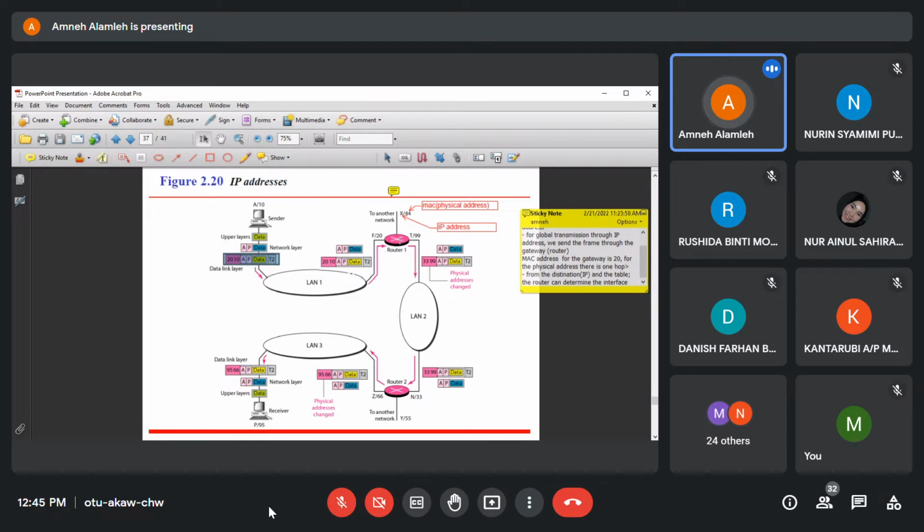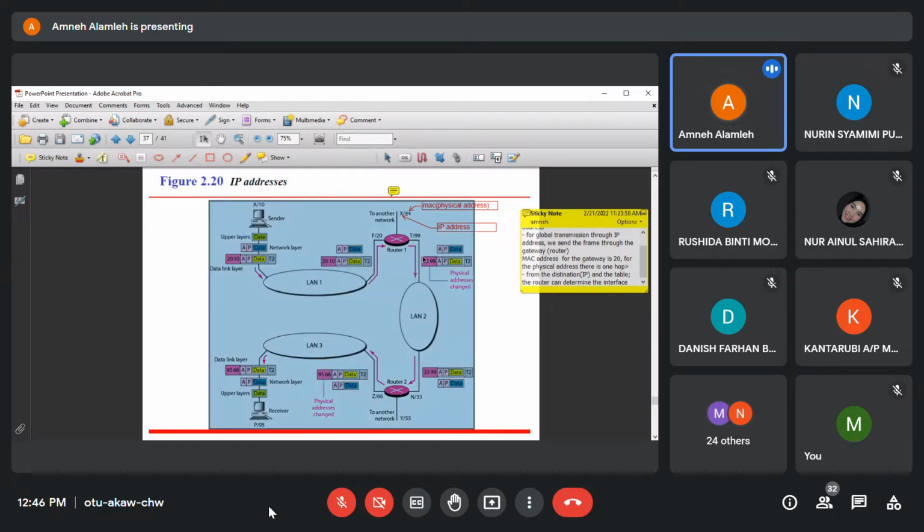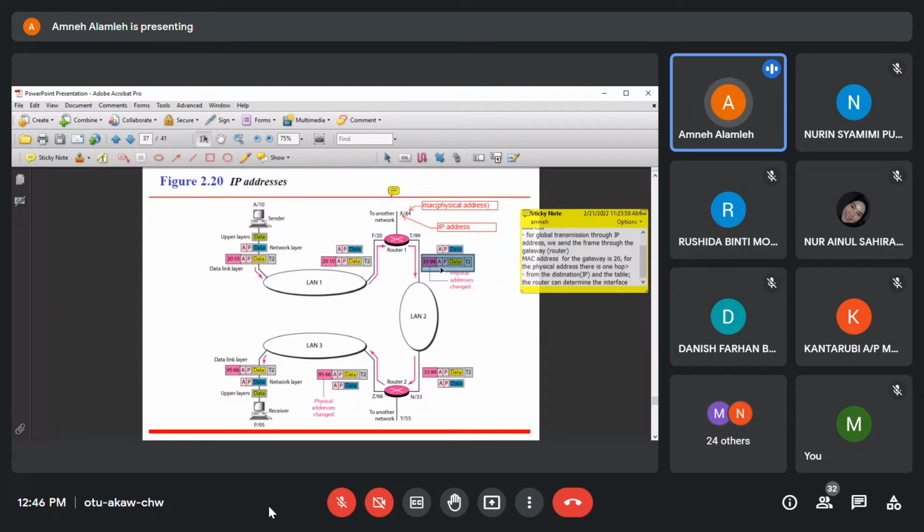So through its routing table and through the IP address of the receiver, it determines where to send the frame. It envelopes the data again, the same data in another frame. So this frame's mission now ends. We have another frame.